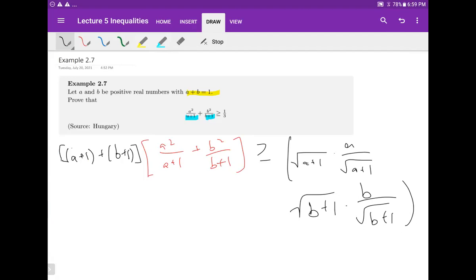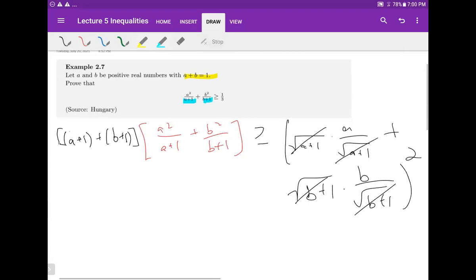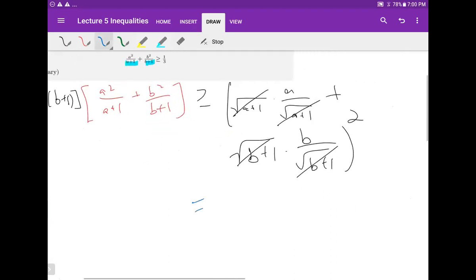All right, so this plus this, and then squared, according to Cauchy-Schwarz. Here we can see that the root A plus 1 cancels with the root A plus 1 in the denominator. We also see that the root B plus 1 cancels with the root B plus 1 in the denominator. So what we get here is essentially A plus B, squared.